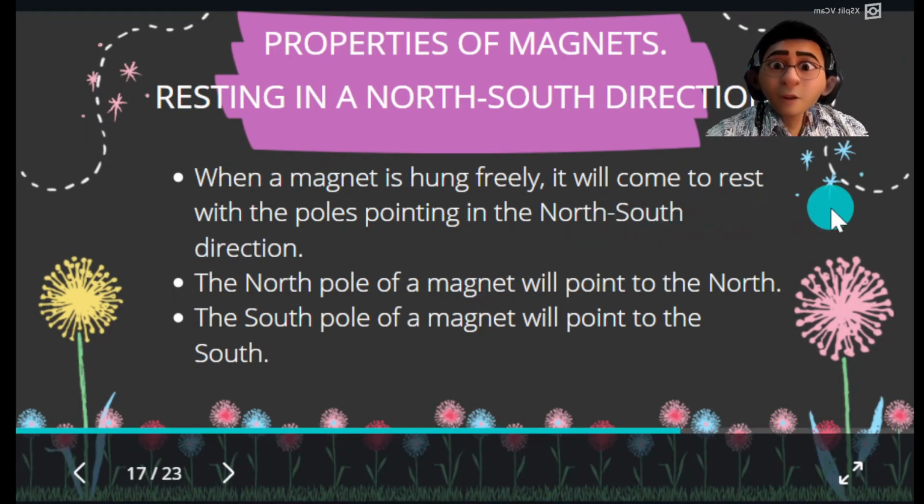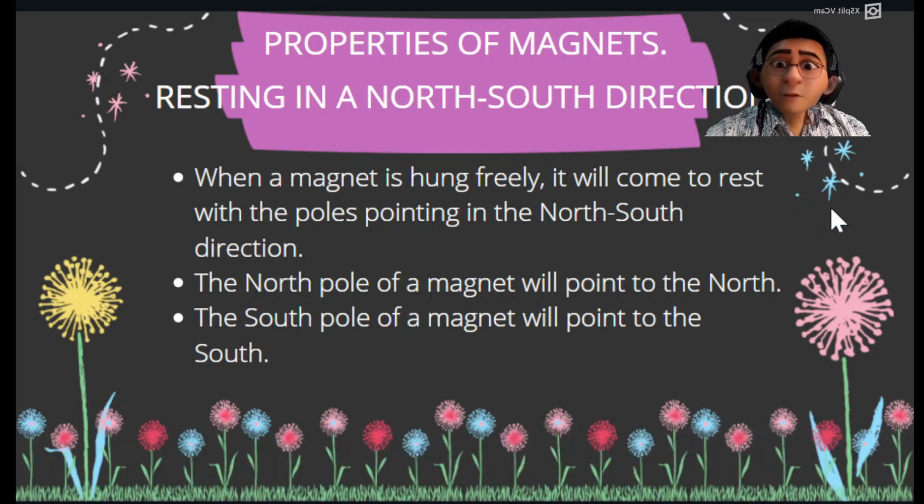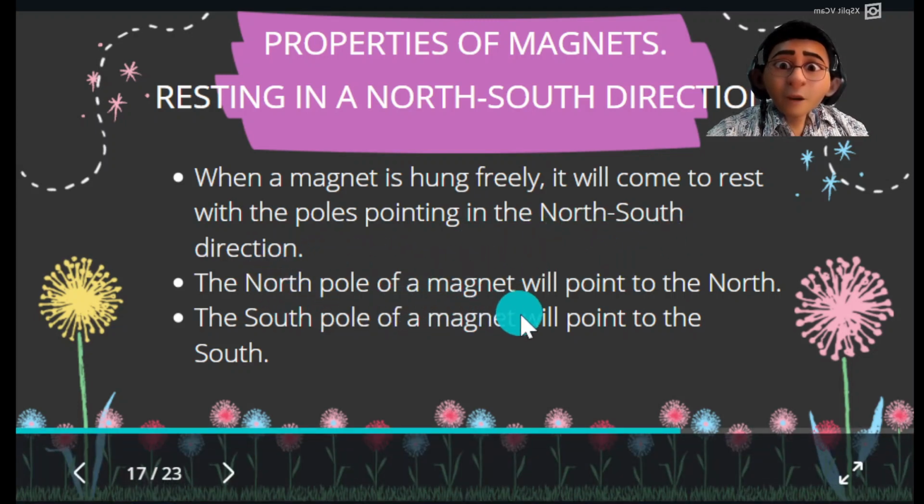Okay. When a magnet is hung freely, hung means suspended, it will come to rest with poles pointing in the north-south direction. The north pole of a magnet will point to the north. The south pole of a magnet will point to the south.